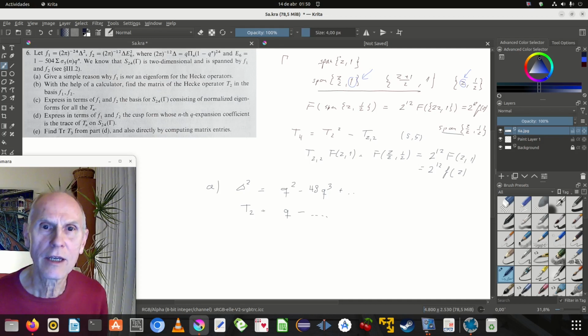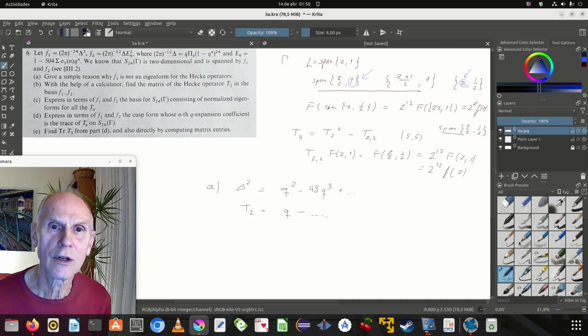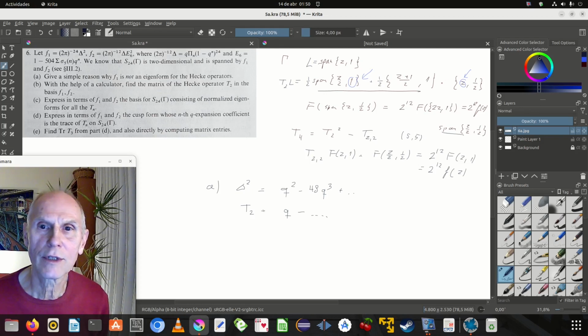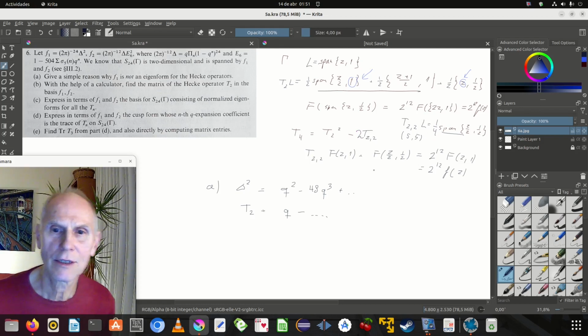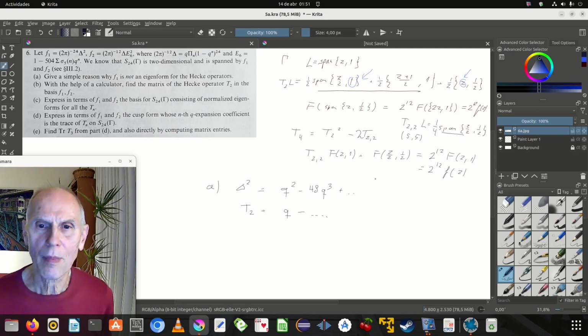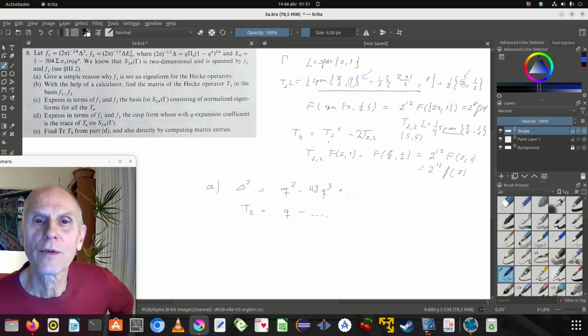And I made a mistake, because if this is the modular point, then T2 L is 1/2 this, plus 1/2 this, plus 1/2 this. But T2 of L equals 1/4. It's n squared, and therefore we get a factor n down here, which I missed.